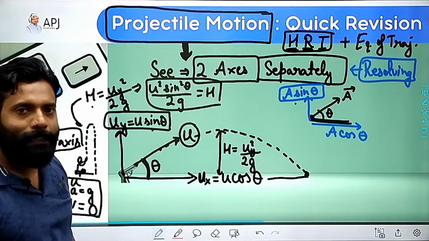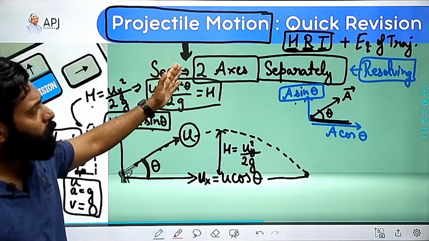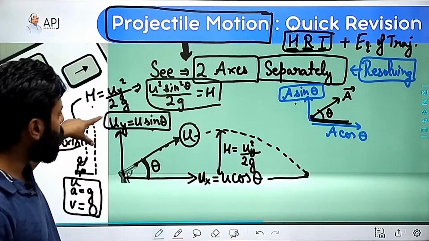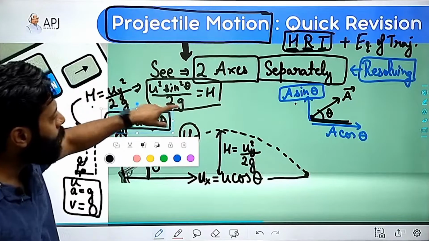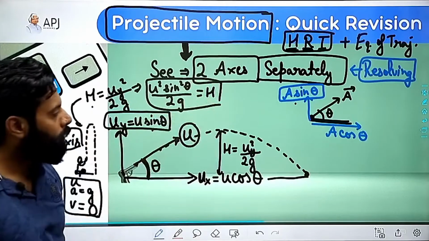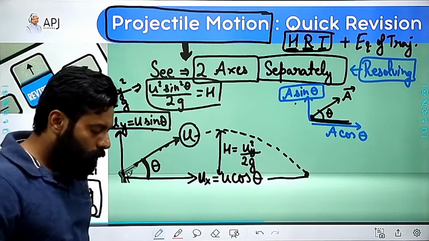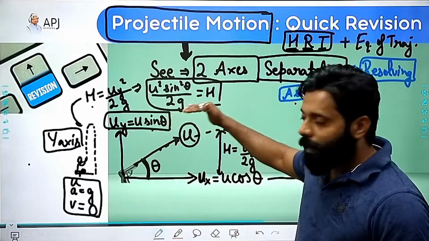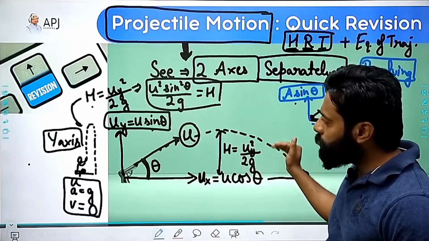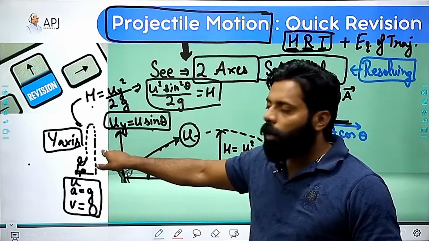I hope that you are getting these things. So I'm saying that the height of the projectile motion is uy square divided by 2g. So the first and foremost thing is done. Then sir, the time of travelling in projectile motion will depend upon what?